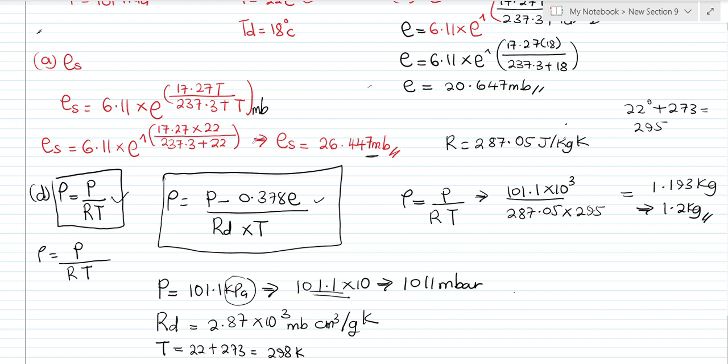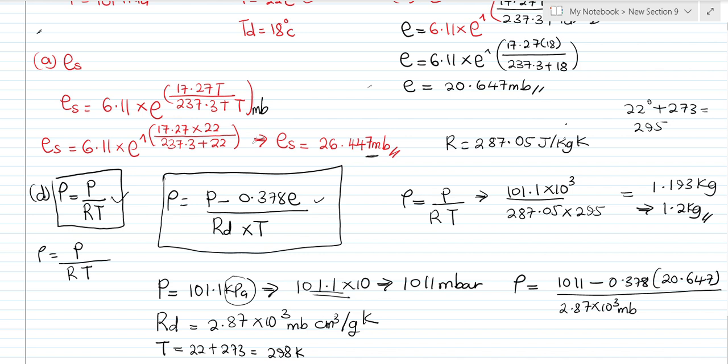The density of the air is 101 minus 0.378 times E, the actual vapor pressure, which is 20.847, all over 2.87 by 10 to the power 3 millibar centimeter cube.